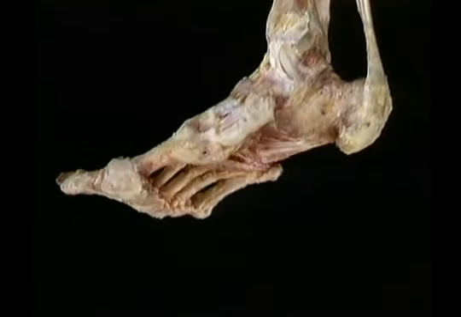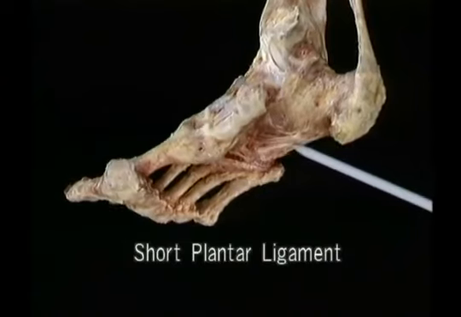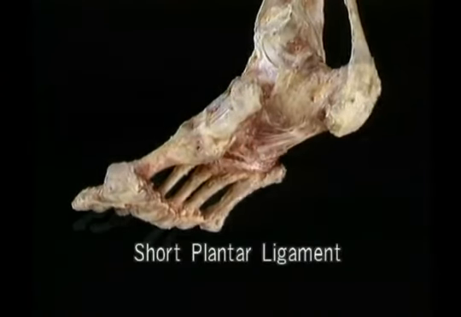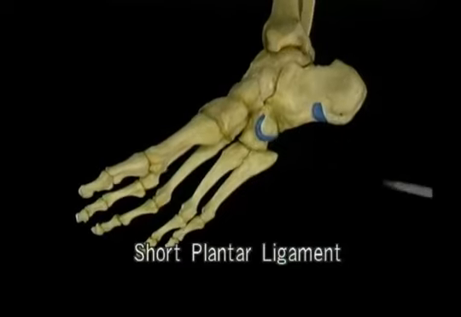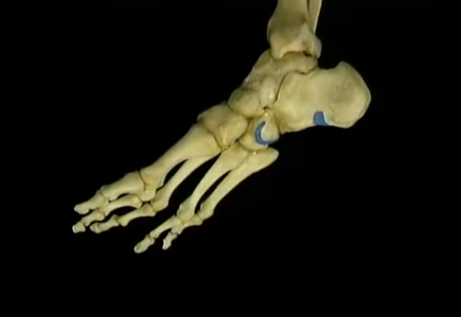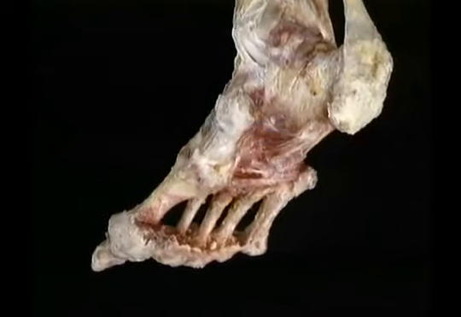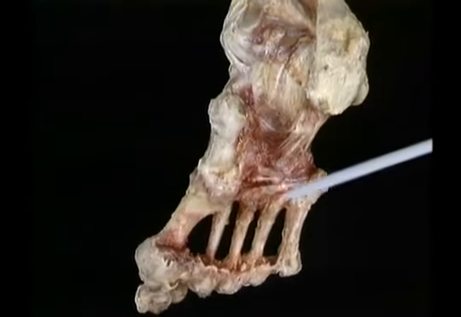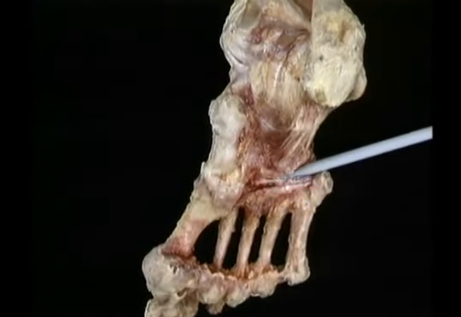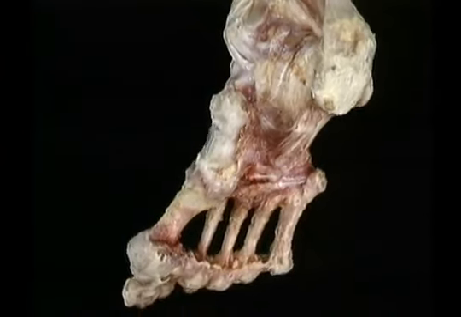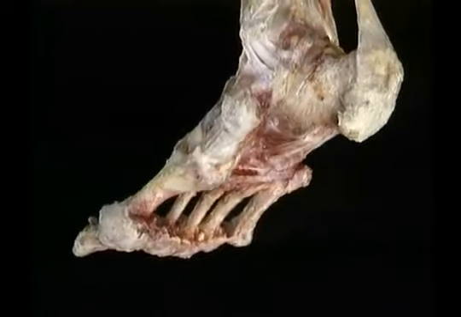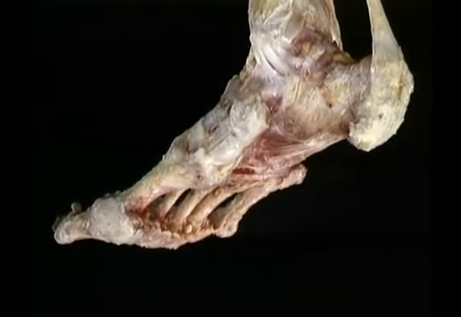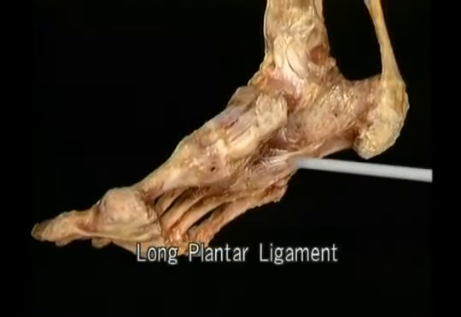First, here's the short plantar ligament. It goes from here on the calcaneus to here on the cuboid bone. Just in front of the short plantar ligament is the groove for the peroneus longus tendon. Lying directly beneath the short plantar ligament is the long plantar ligament.